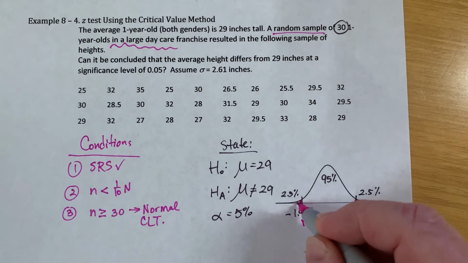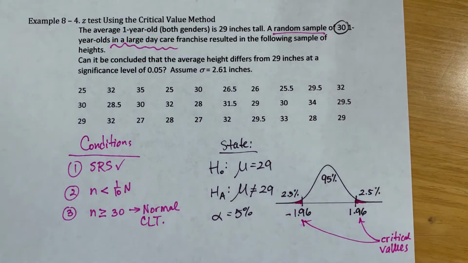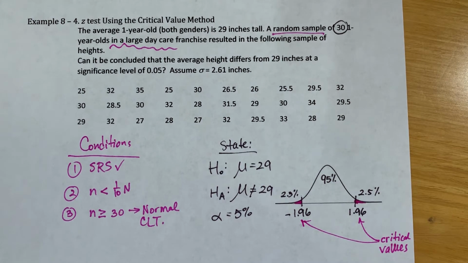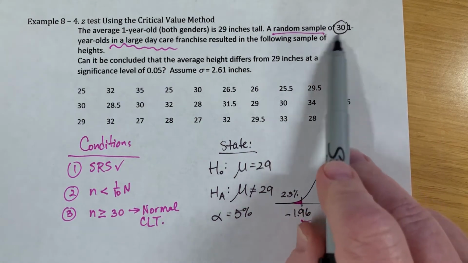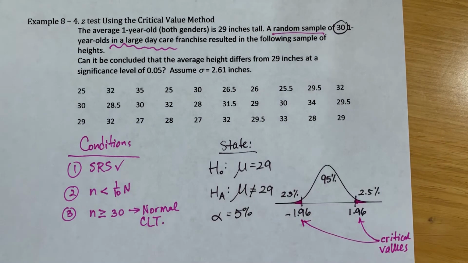Okay, so the next step, step 3, is compute the Z statistic. So in order to compute the Z statistic, I would actually need to know what is the sampling distribution of the sample mean of the heights. So I actually would like to know, how would these 30 samples of 1-year-olds distribute? Every time I take a sample, that sample is going to be slightly different.